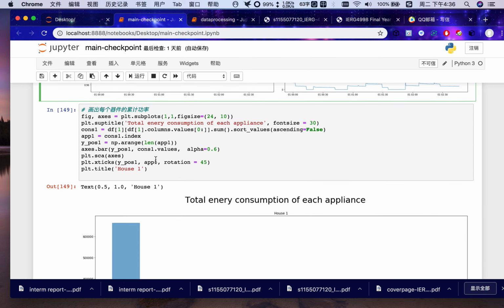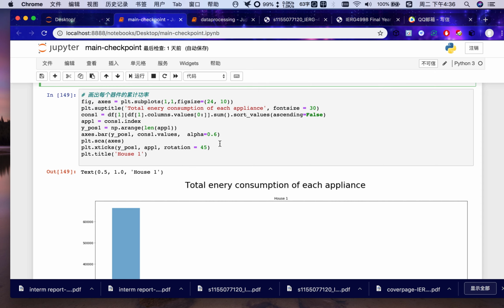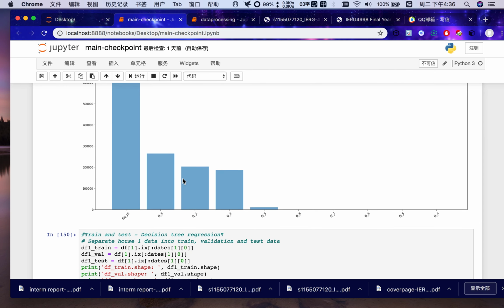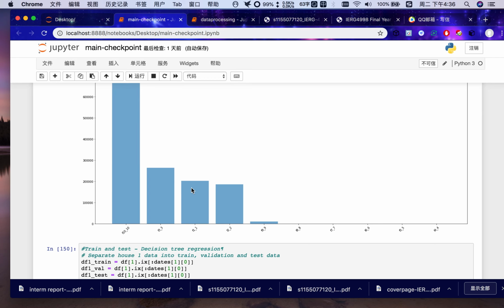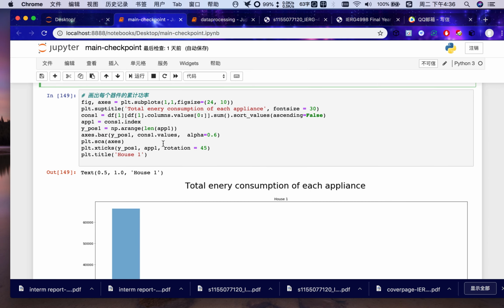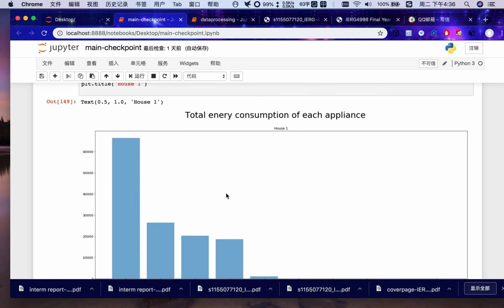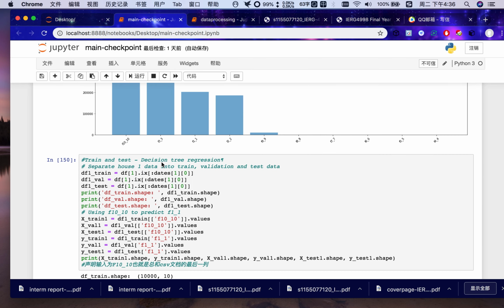This is the picture of the total energy consumption of each appliance. You can see F3, F1, F2 are quite high power-usage positions, and F10 is the total power. So we have a basic look at this situation.